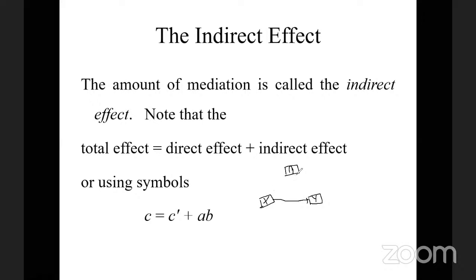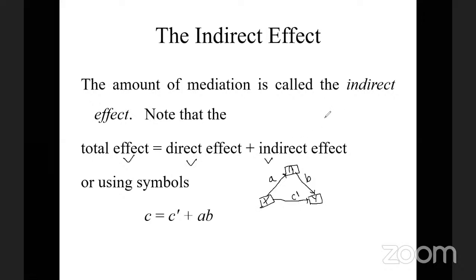The amount of mediation is called the indirect effect. This is A, this is B, and this is C dash. The total effect means direct effect plus indirect effect.